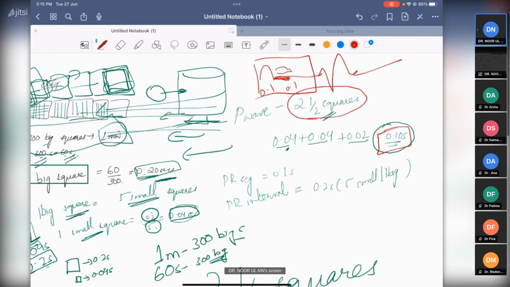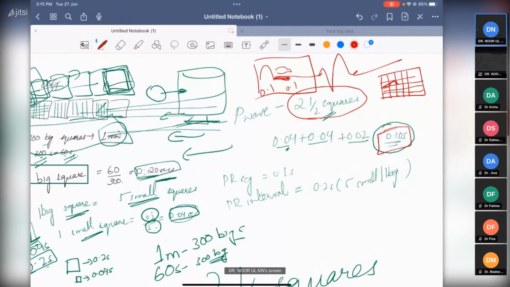Every big square has how many small boxes? 1, 2, 3, 4, 5. Okay, so imagine these are my 5 boxes. Every P activity is supposed to happen in 2.5.